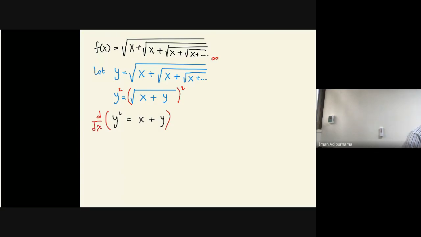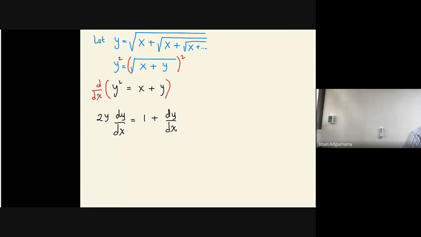It will be 2y dy/dx equals 1 plus dy/dx. Then we group the dy/dx, so this is (2y minus 1) dy/dx equals 1. And my dy/dx becomes 1 over 2y minus 1.